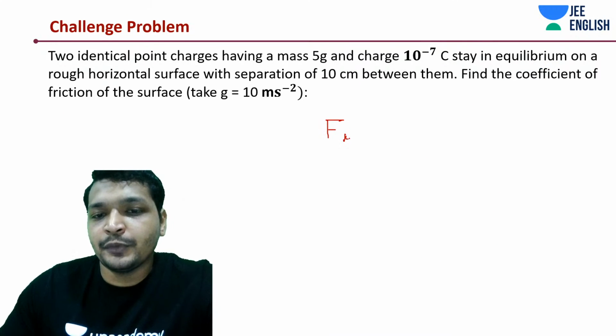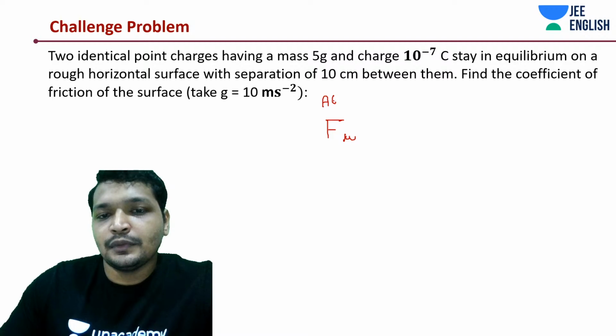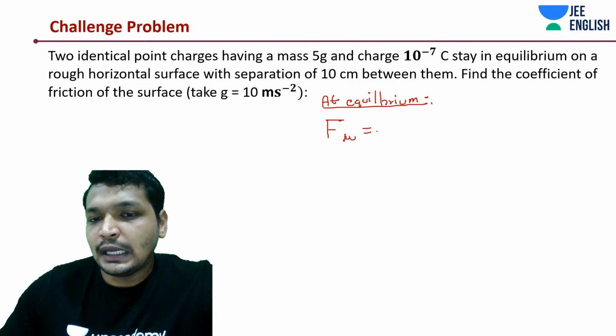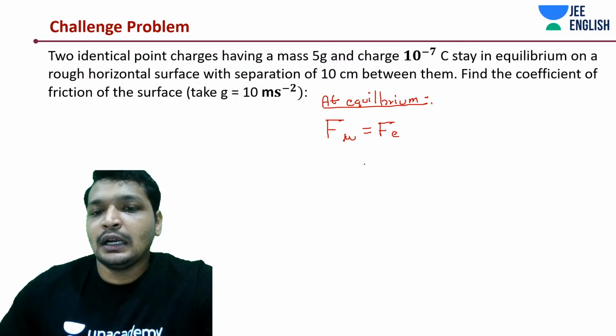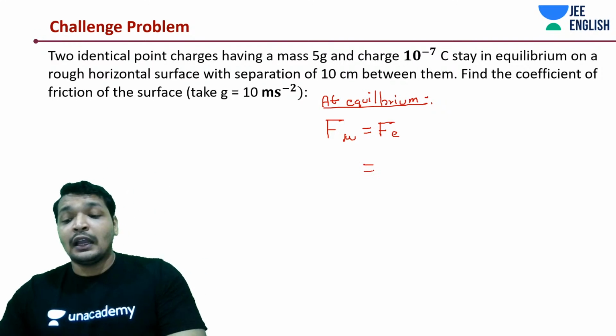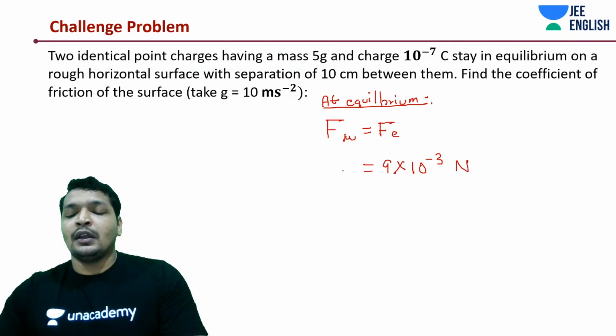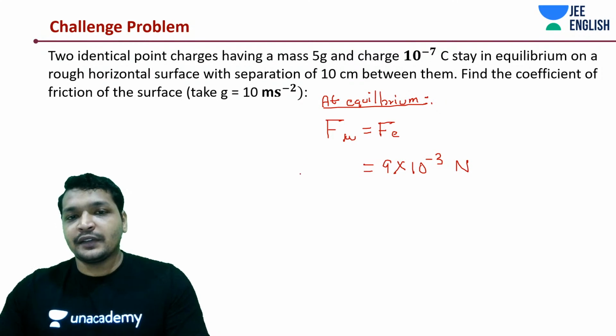At equilibrium, F mu is equal to Fe. And how much was Fe? Fe was something like 9 into 10 to the power minus 3 Newton, and F mu was something like 5 grams.